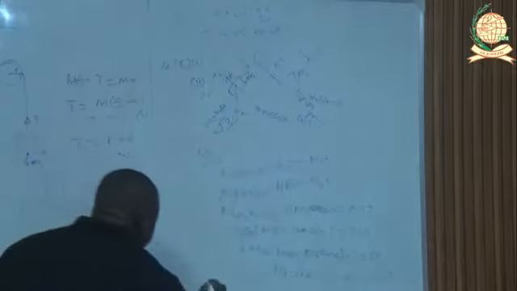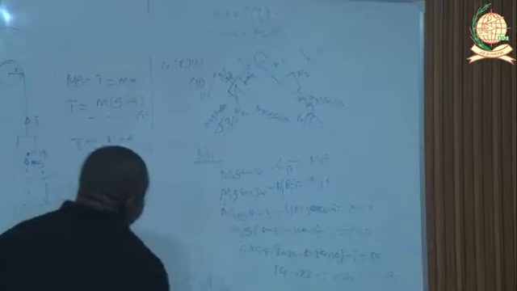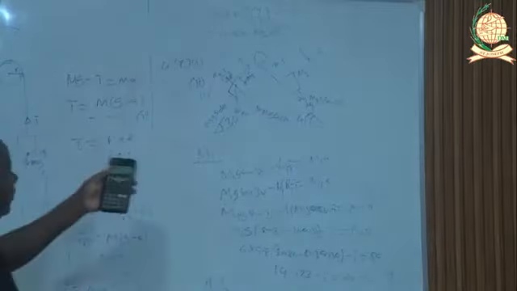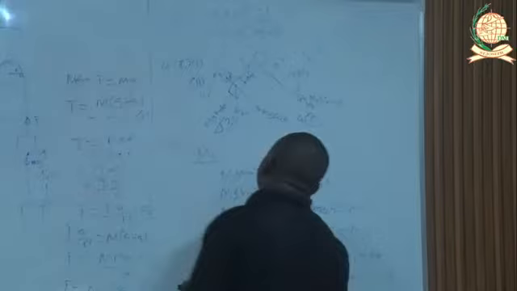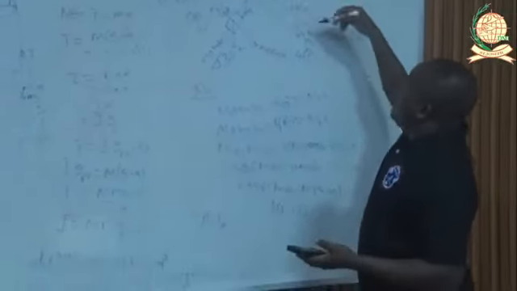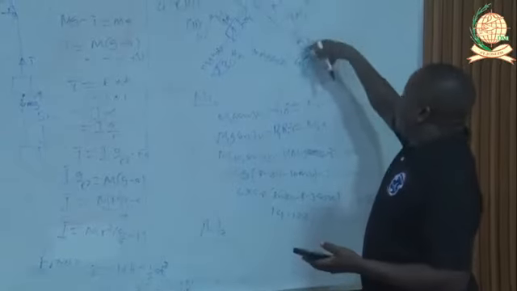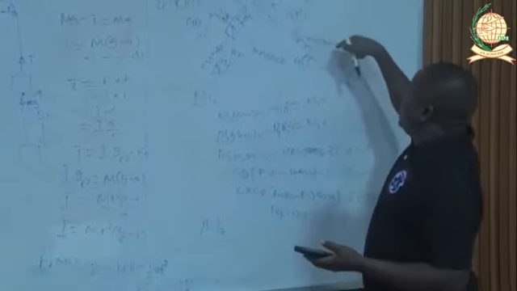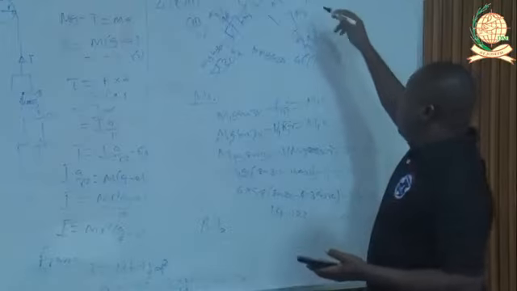For mass 2, you do the same, but the only thing that will change here is that mass 2 is accelerating up. So tension minus everything here will be equal to that one.